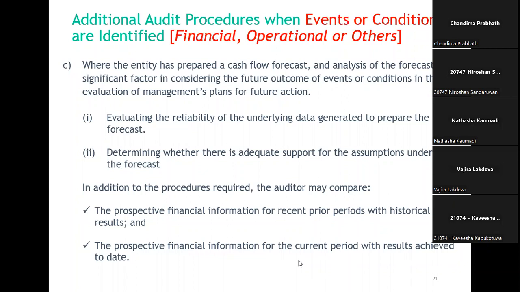So that is basically to see whether in the past management's budgets reflected acceptable results. If the budgets and actuals are different from each other with material variances, it's unlikely that the auditor can rely on the budgets prepared by management, right?